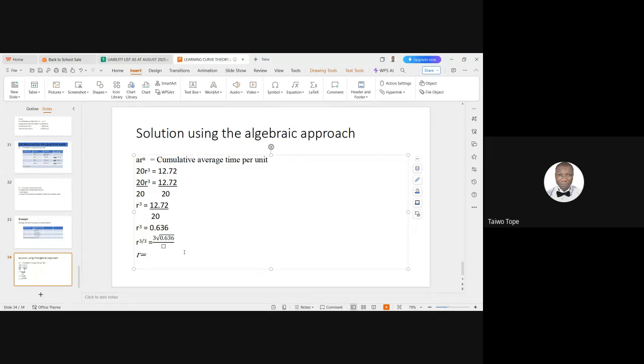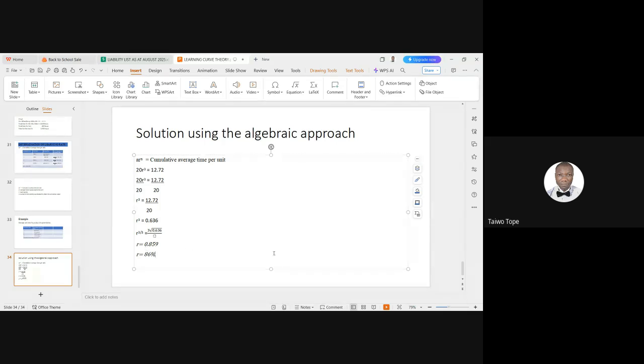You must learn how to press this in your calculator too. 0.859. So in percentage, the learning rate will be, when you multiply that by 100, approximately 86%.